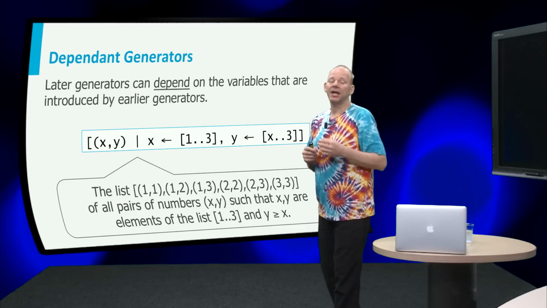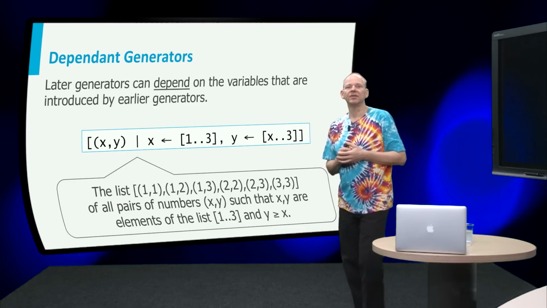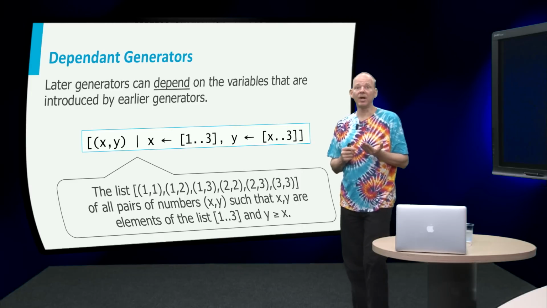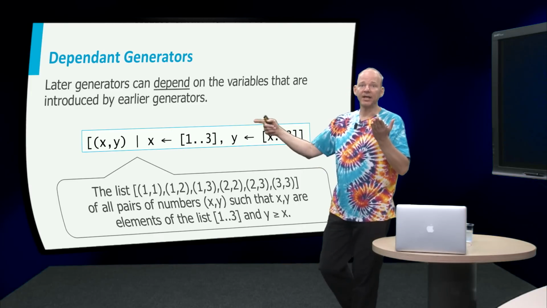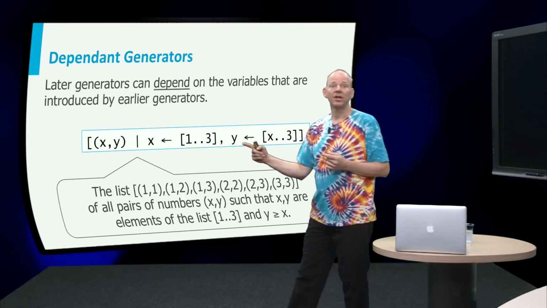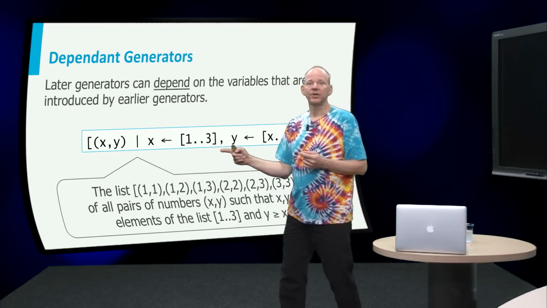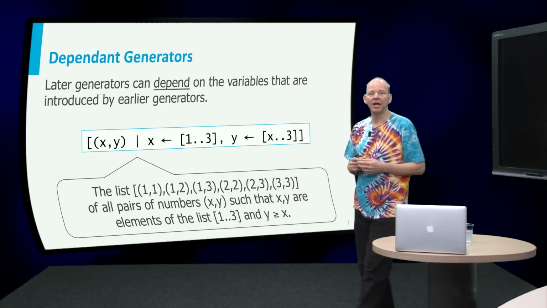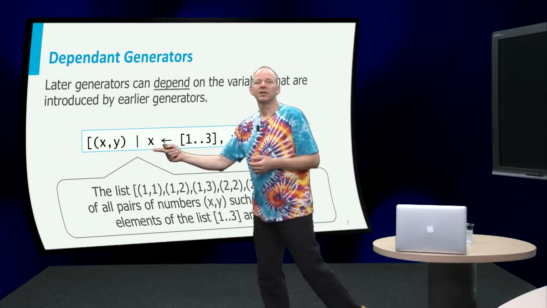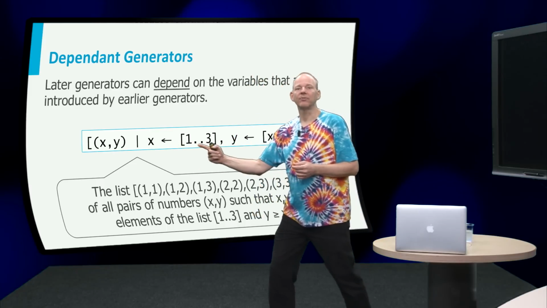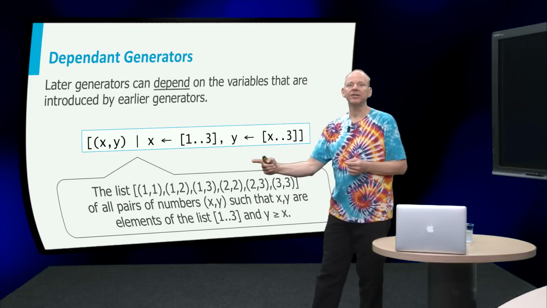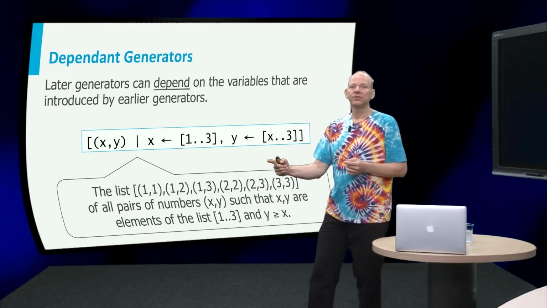And if we execute this comprehension, we get the list 1, 1, because y is drawn from 1 to 3, because x starts out at 1. So we get 1, 1, 1, 2, 1, 3. Then y is exhausted, so we check the next value of x, which is 2. So now y is taken from 2 to 3, so we get 2, 2 and 2, 3.